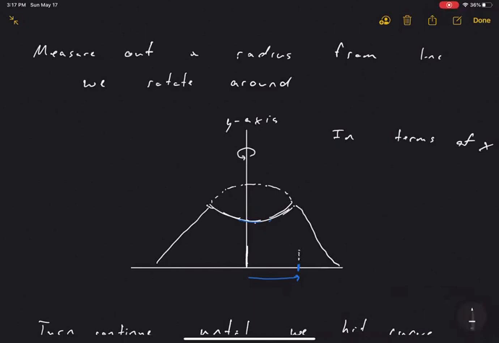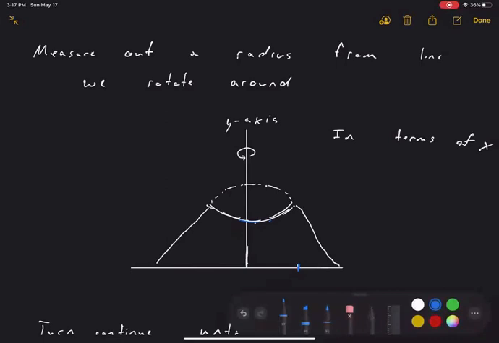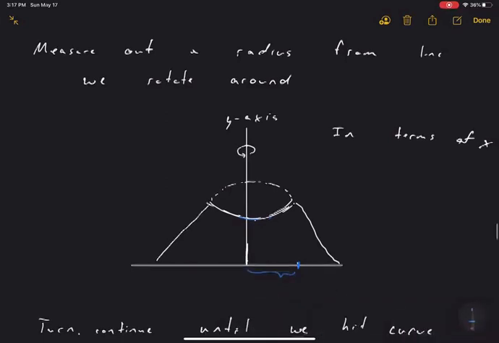Let's say I'm just thinking about this particular cylinder that's this wide. I'm going to measure out this radius. Well, what is this radius? It's the distance from here to here, right? Well, what is that distance? It's not really dependent on this curve, this object.